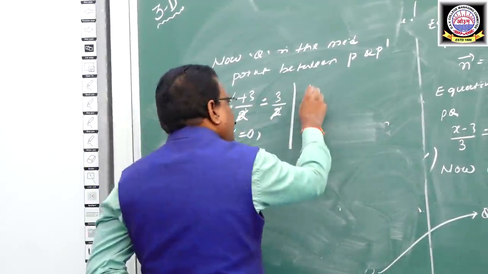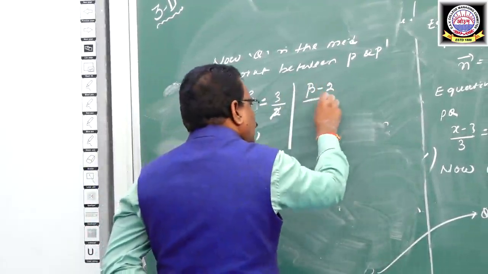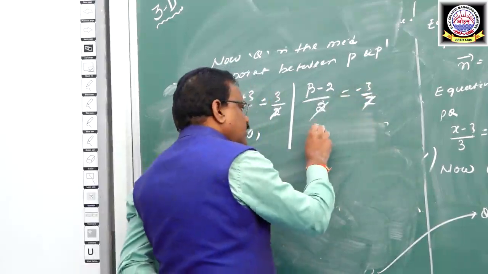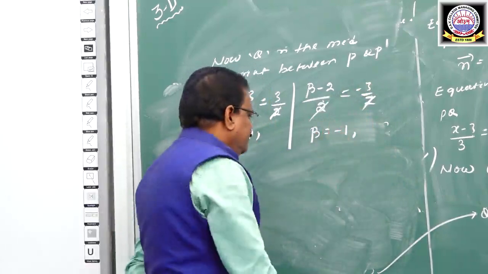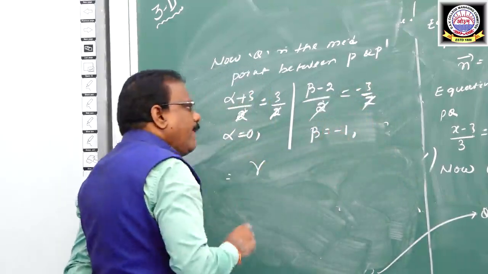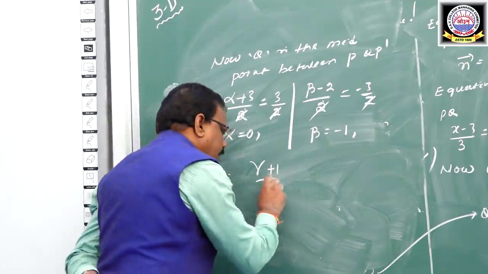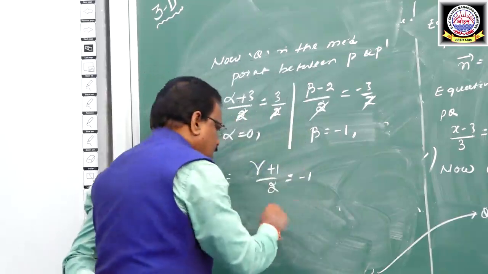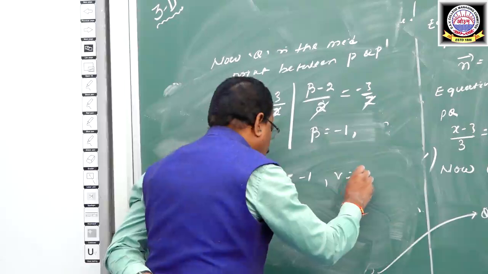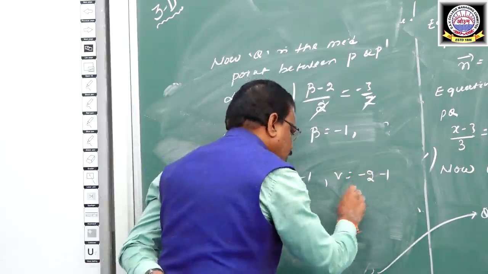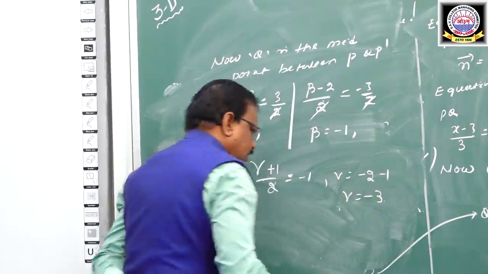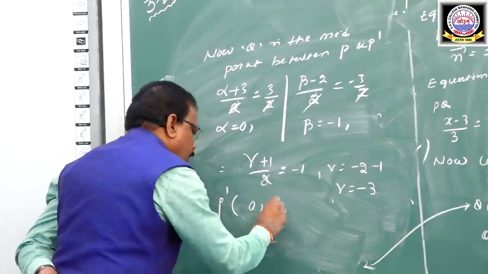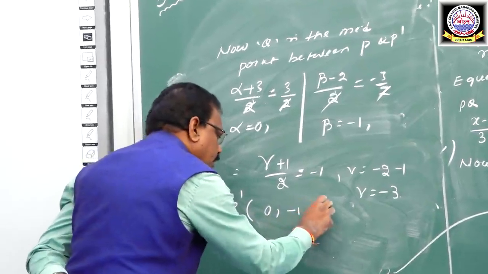Similarly, (beta minus 2) by 2 is equal to minus 3 by 2, cancel, so beta is equal to minus 1. (Gamma plus 1) by 2 is the z coordinate, minus 1. So gamma is equal to minus 2 minus 1, so gamma is equal to minus 3.